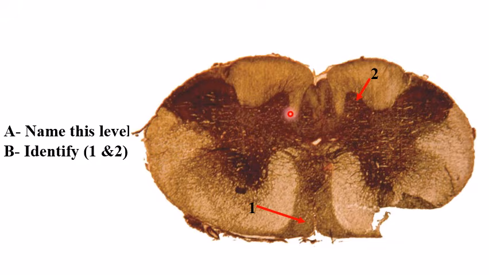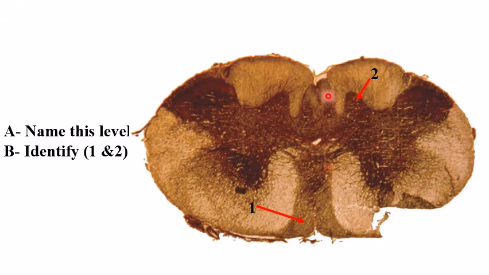What is this level, dear students? It is closed medulla. Why? I can see the central canal. Motor or sensory? Motor. Why? The gracile and cuneate nuclei are small, and I can see the direct pyramidal. Number 2 is the cuneate nucleus.